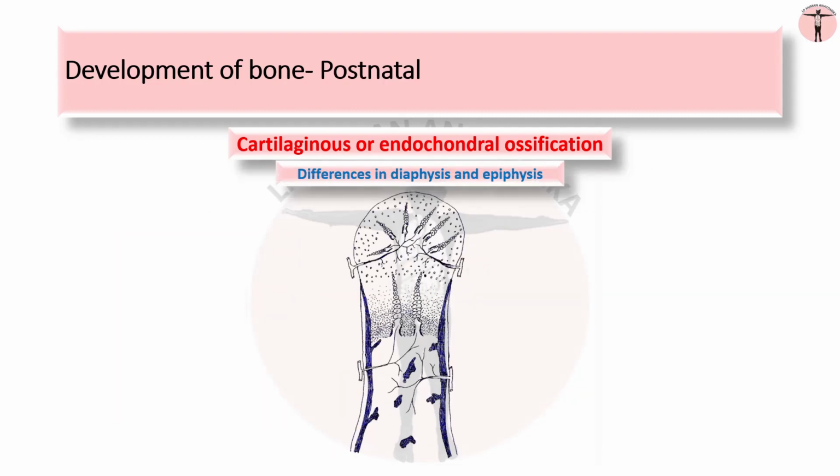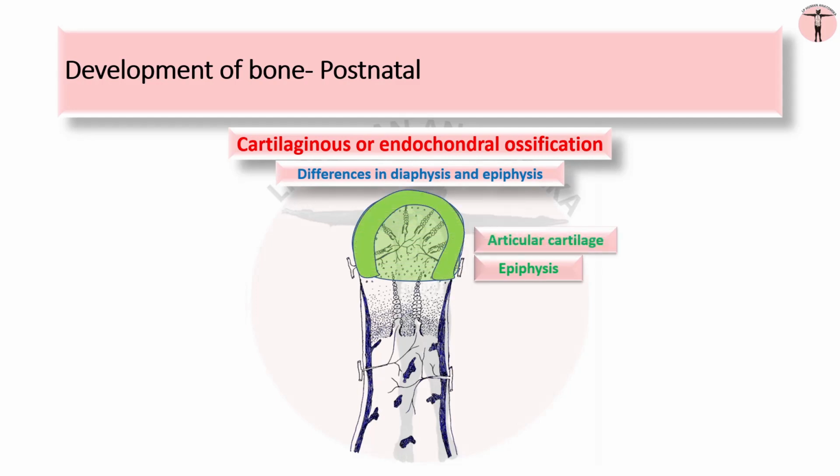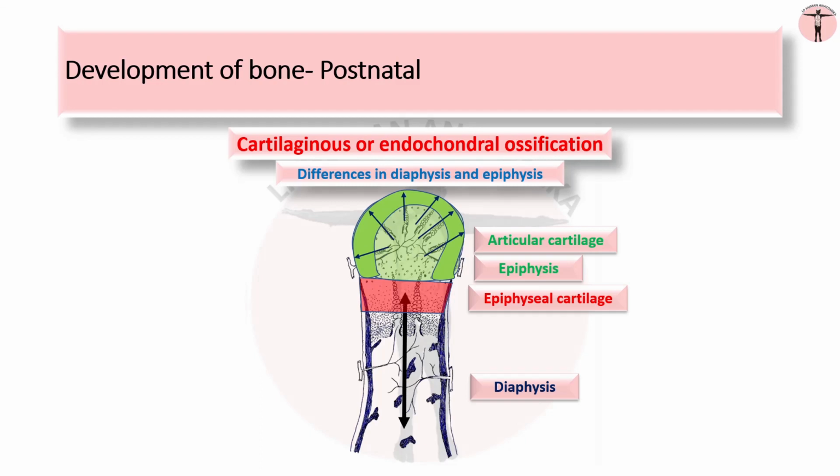The differences in the processes in epiphysis and diaphysis are: in the epiphysis, the stages occur in articular cartilage, and in the diaphysis, the stages occur in the epiphyseal cartilage. The increase in length and thickness occurs in all planes and directions in the epiphysis, but in the diaphysis, the length increases in one plane and thickness in another plane.